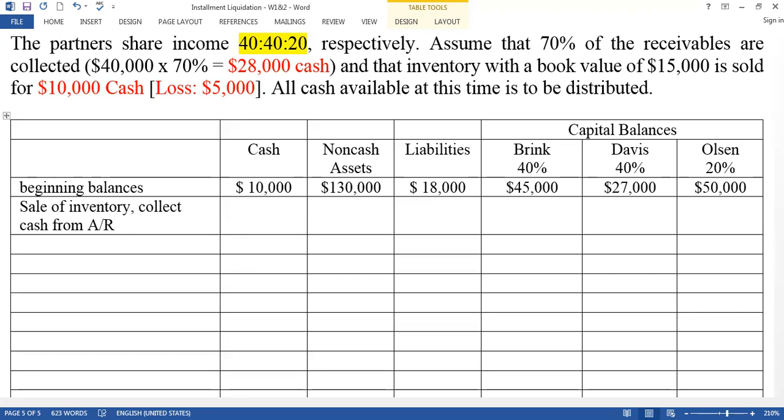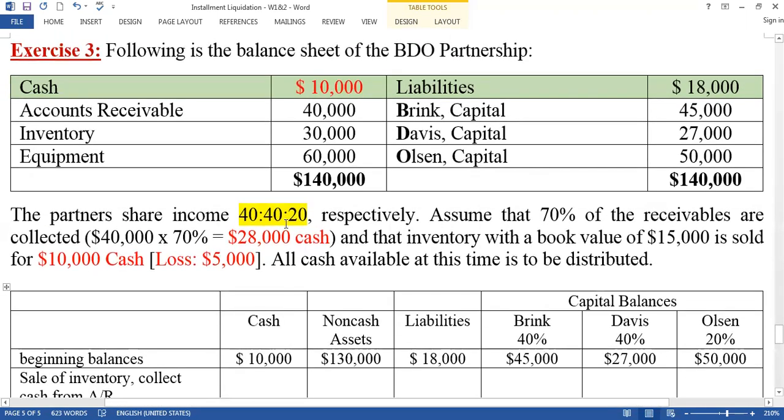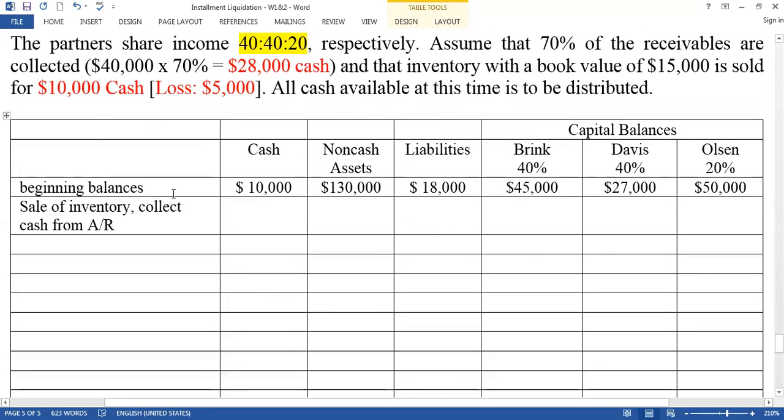We know how much inventory we sell and how much cash we receive. Because we are going to use one row for several purposes, we also allocate the loss.